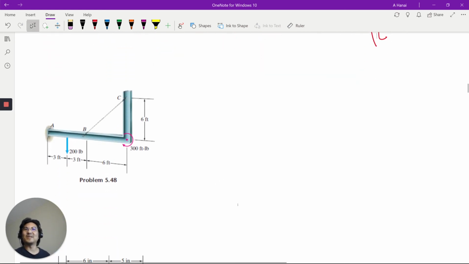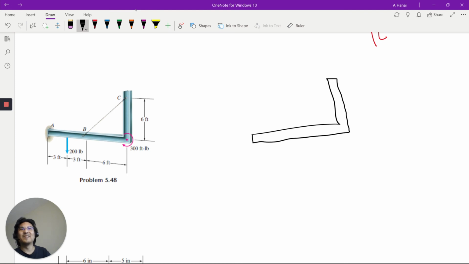Right? Let's try this one. So here, maybe don't get distracted by that. This cable over here that's not really doing anything, right? It's just an object like this with a couple here and a force here, right?